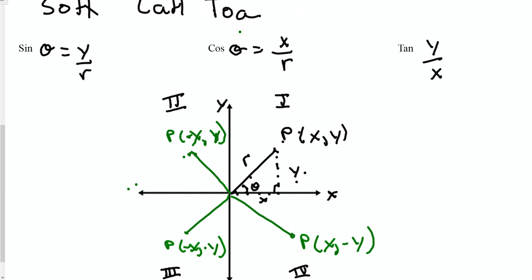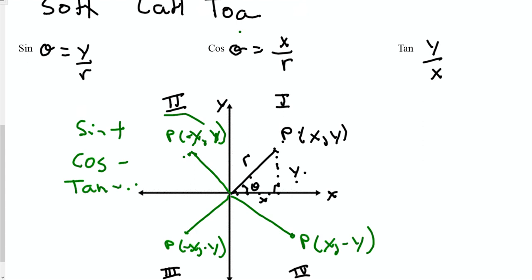All right, so if you have negative x and y values in certain quadrants, that's going to make your sine, cosine, or tangent values negative. So here in quadrant 2, anything that deals with the value x is going to be negative. So I can see that sine is positive, cosine is negative, and tangent will be negative.